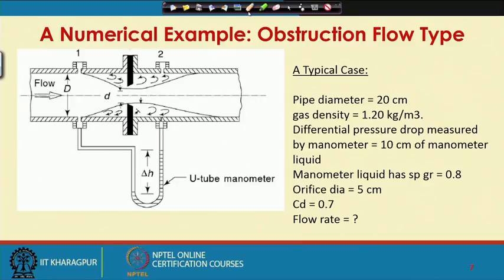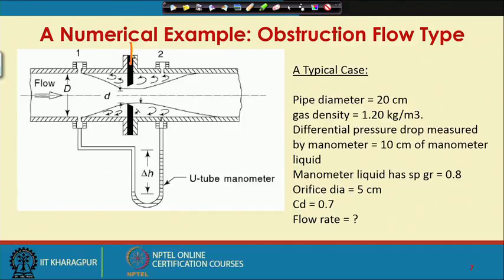What the schematic shows is an orifice, but the problem that we talk about is applicable to orifice, venturi, flow nozzle, dall, all such obstruction type flow meters.